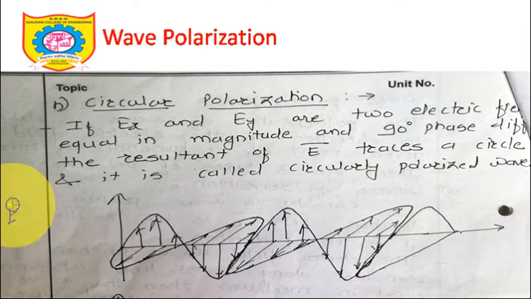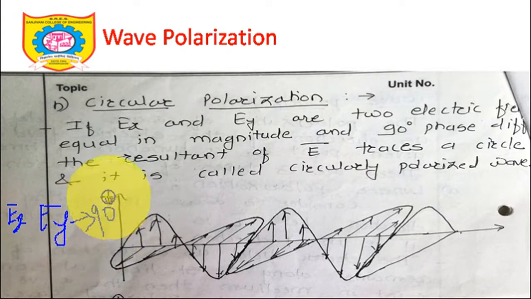If I have two components Ex and Ey, there should be a 90-degree phase shift between these two components. If there is a 90-degree phase shift between Ex and Ey, then we say that this is circularly polarized. So the phase shift between Ex and Ey should be 90 degrees, or we can say that the components along X and Y are 90 degrees phase shifted. If that is the case, we say that the wave is circularly polarized.